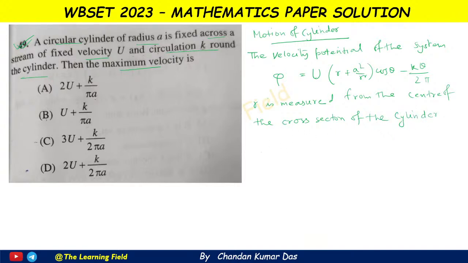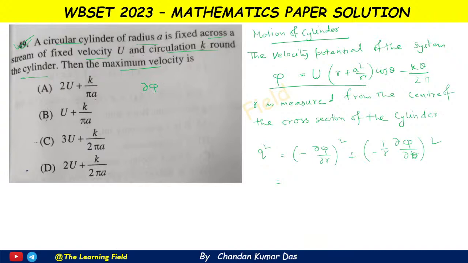Then the velocity q is given by q square equals minus of del phi del r whole square plus minus of 1 by r del phi del theta whole square. Okay, so this is the velocity component q. We can calculate del phi del r and del phi del theta.